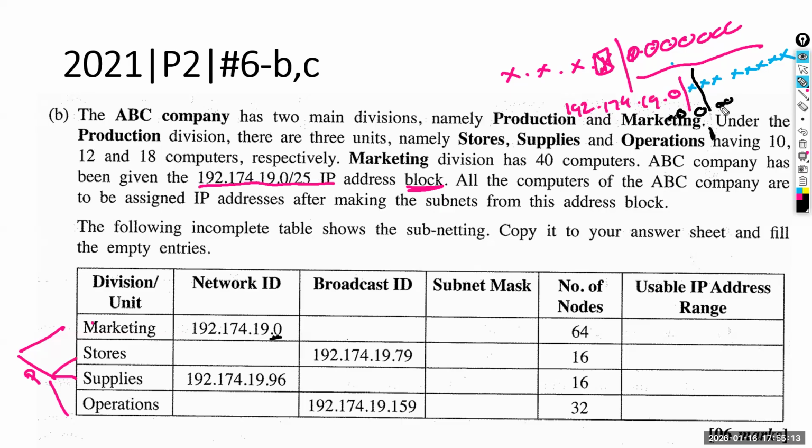We took 0 here, then two zeros and four zeros. 1, 2, 3, 4, 5, 6, 7, 8. Sorry, here I have drawn one more. 1, 2, 3, 4, 5, 6, 7, 8. Okay. Right. So therefore, the first address will be 0, 0, 0, 0, 0, 0, 0, 0. That is 192.174.19.0 because all zeros mean 0.